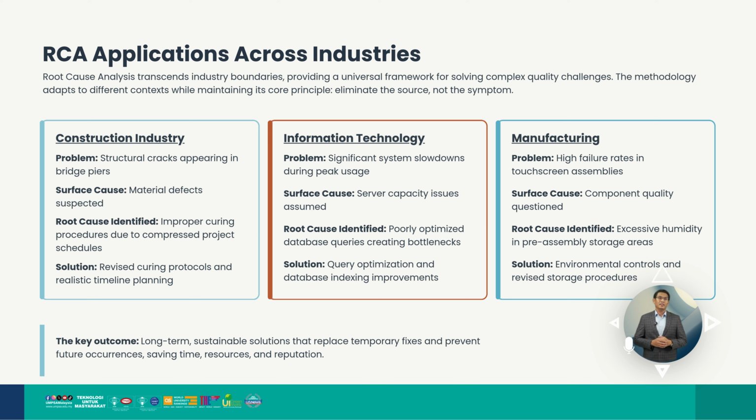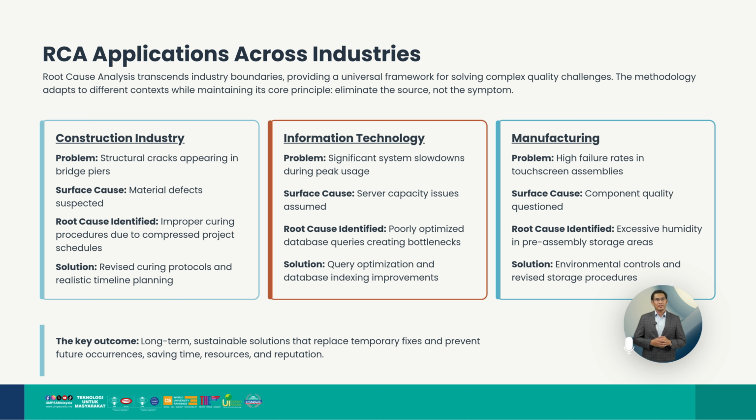Addressing these technical deficiencies provides a long-term resolution. So in manufacturing, high touchscreen failure rates in smartphones might initially seem like a production flaw, but RCA could trace the issue to moisture damage from improper storage conditions before assembly. Now, correcting storage practices would then eliminate most of the defects.